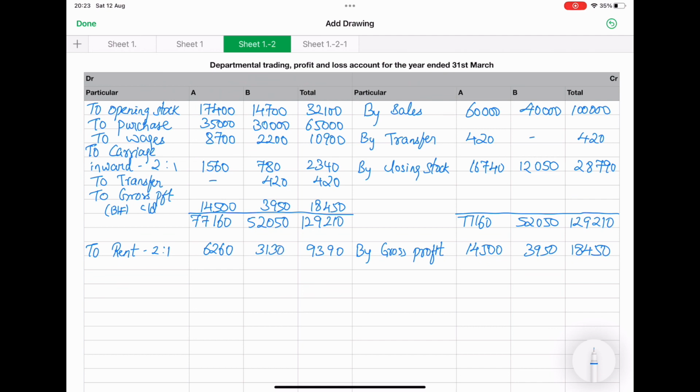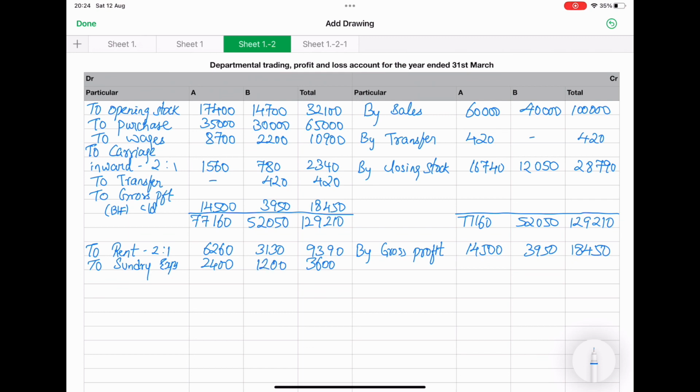Next, after rent we have sundry expenses. Sundry expenses are also in the ratio of 2:1. So total 3,600 into 2/3, 2,400, and 1,200.